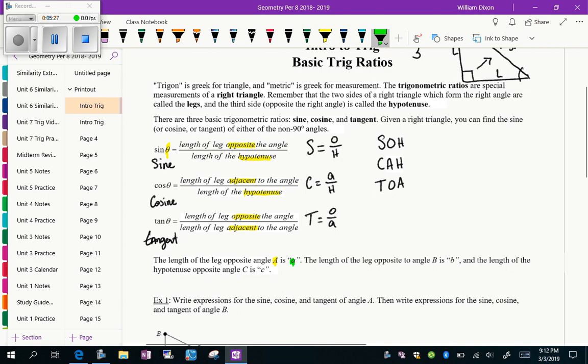And then the length of the leg opposite of angle, notice again, capital B, angle B is small b. And the length of the hypotenuse opposite angle C, again capital, is small c. So those sides are in small letters and the angles are in the big letters.